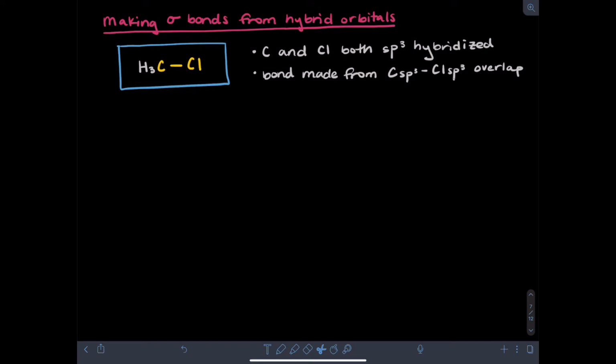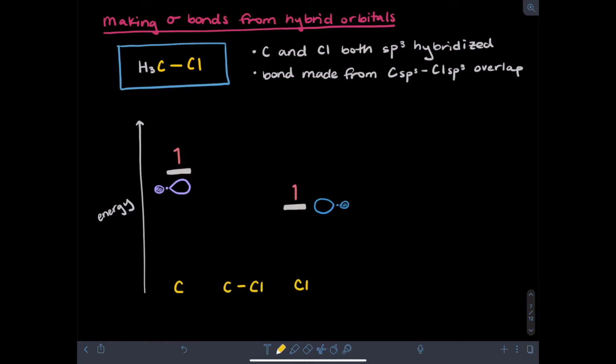Now let's imagine making a polar bond from hybrid orbitals. Let's imagine making the carbon-chlorine bond of chloromethane. We're going to assume that carbon and chlorine are both sp3 hybridized, and this would make our bond made up from overlap of carbon's sp3 orbital with chlorine's sp3 orbital.